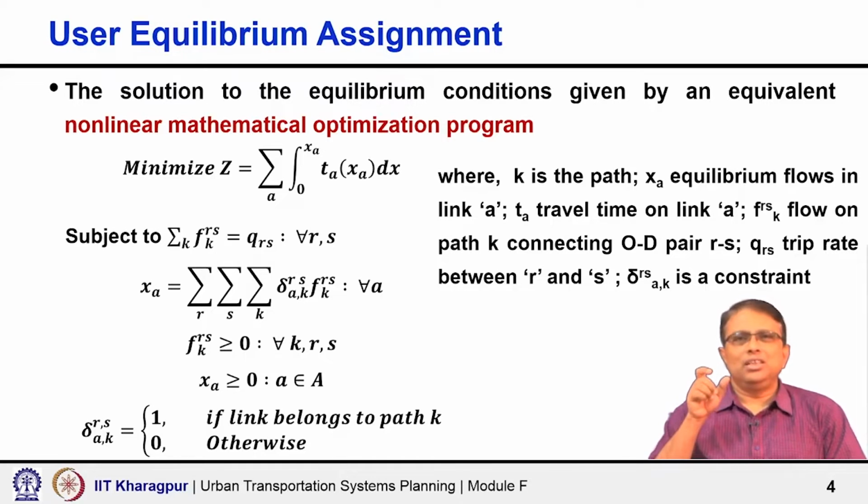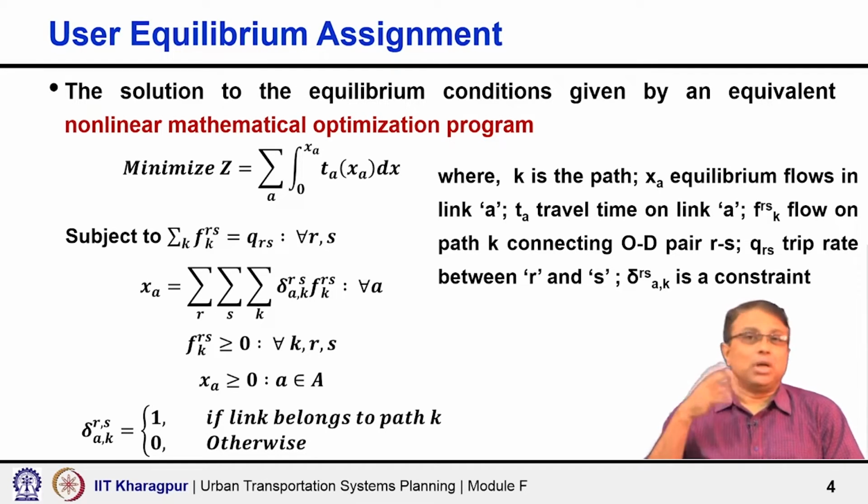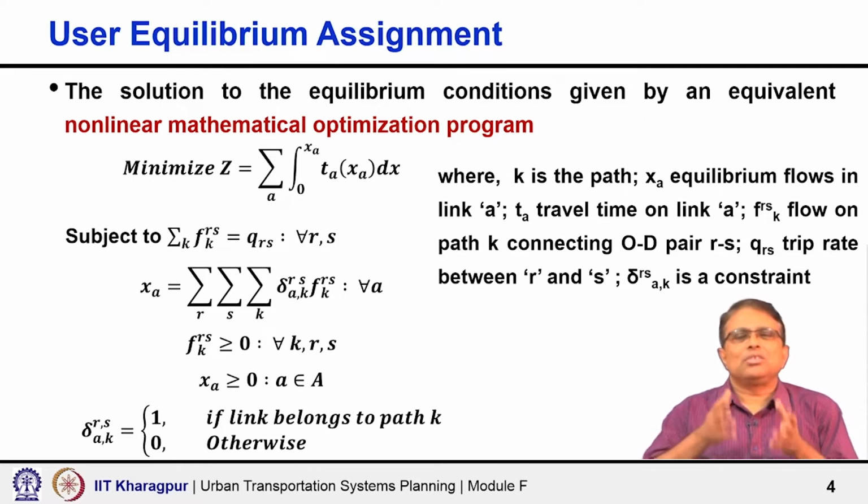One particular link might be a part of multiple paths for multiple OD pairs, and flow is non-negative, cost or time is non-negative. All these constraints are very logical and simple, you can understand them very easily.